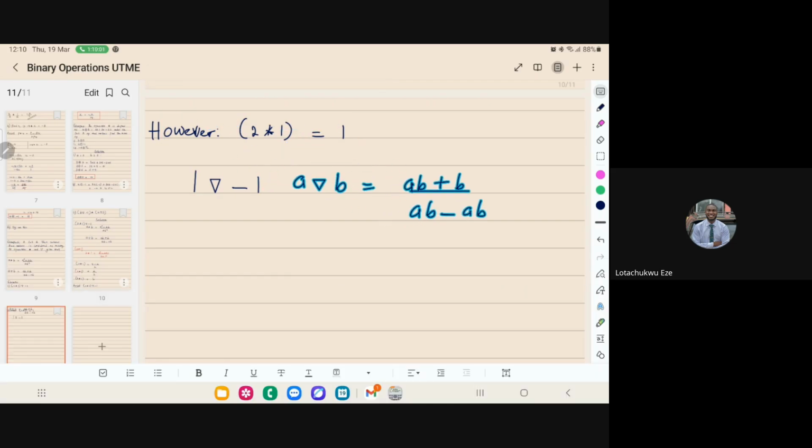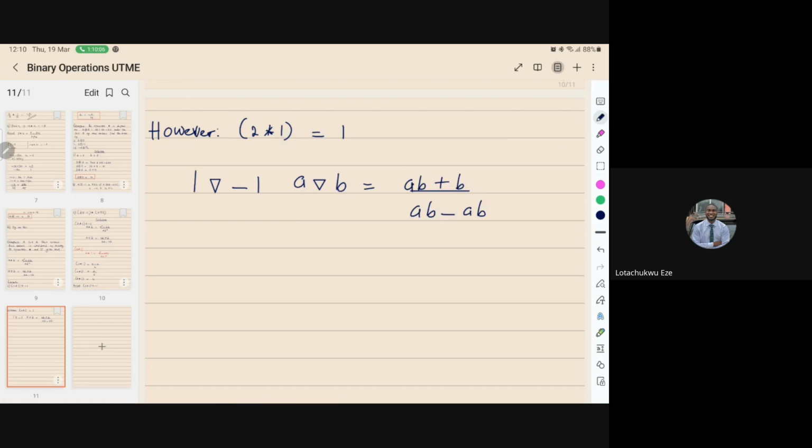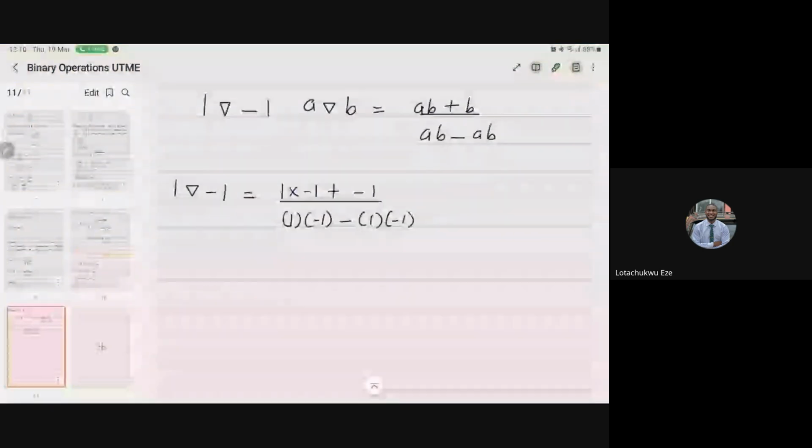A is 1, B is -1, so A plus B, which is 1 plus -1, all over A minus B, which is 1 minus -1. So our duty is to simplify this further.